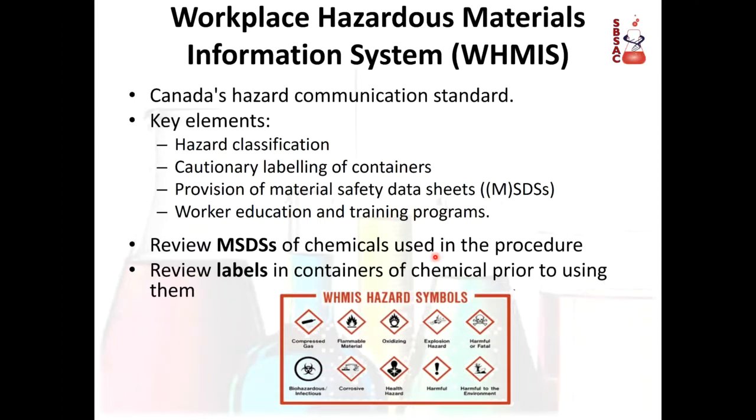Now, why is this important in terms of safety or preventing emergencies? It's because if you look at these symbols, you already know what you should do with that chemical. You have a very good idea what to do. For example, if you see something labeled as compressed gas, you already know you should not be working close to a flame. Similarly, if it's flammable material, right?